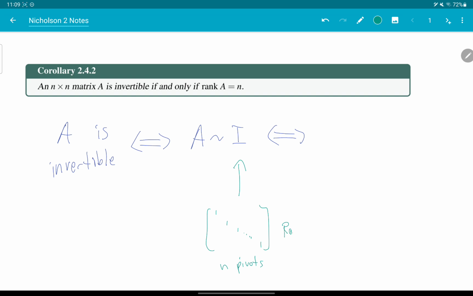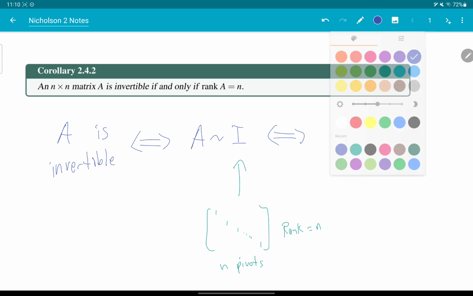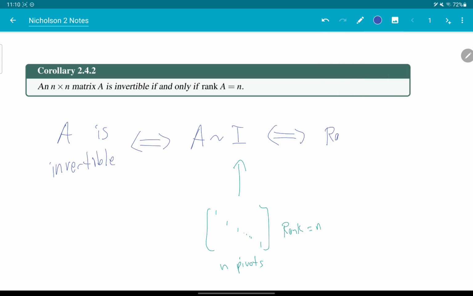So the rank equals n. I have a pivot for every row. So the rank of A does equal n. So nothing fantastic there.